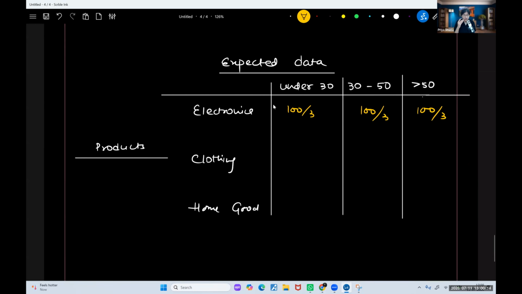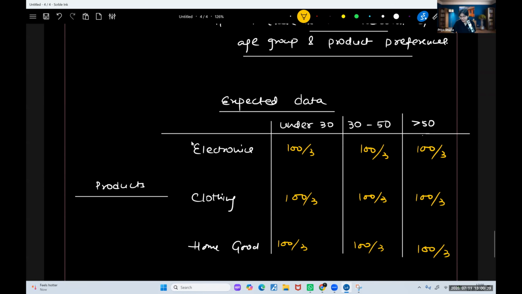तभी तो एज और प्रोडक्ट्स के बीच में कोई कनेक्शन नहीं होगा. Same thing will be over here, 100 divided by 3, and same thing will be over here, 100 divided by 3. क्या ये बात सही है? Can I say this, everyone?